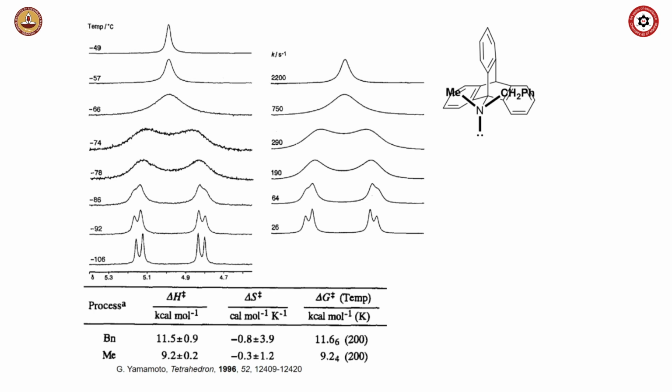So this is a rate constant they have plugged in to do the calculation. From the rate constant, you can get the thermodynamic parameters, and these are the thermodynamic parameters that they got in the two compounds that we are dealing with. The activation barrier is something like 11.6 kilocalories per mole for the benzyl compound, and for the methyl compound it is 9.2 kilocalories per mole.